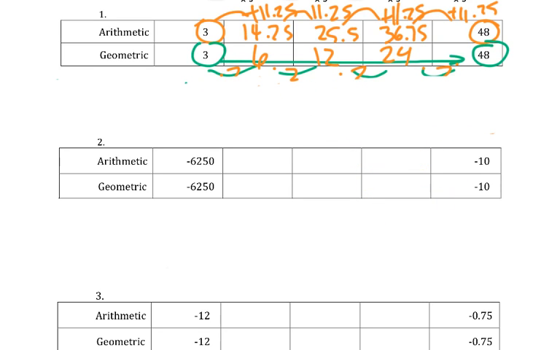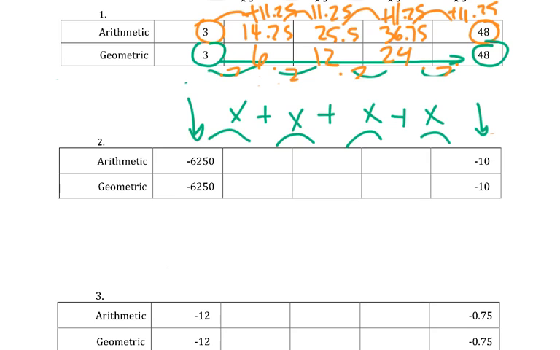Alright, so now we have negative 6,250, and we have to get up to negative 10. So again, we have some number that we're adding 4 times together, and we have to figure out how to get there.